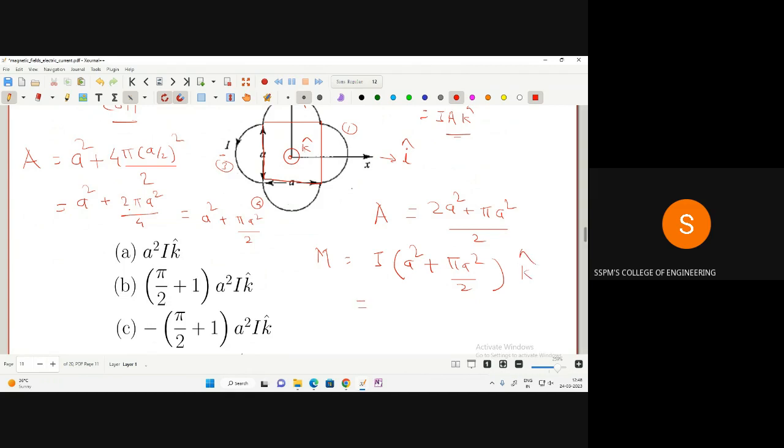After simplifying the equation, you will have I a square into 1 plus pi divided by 2, k cap. You can simplify further.